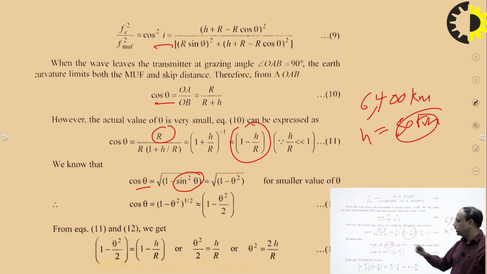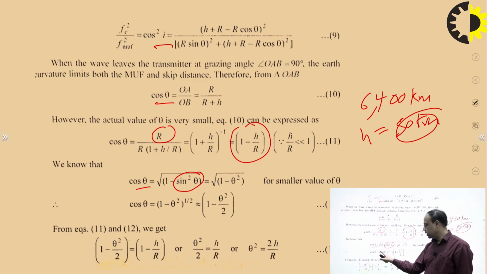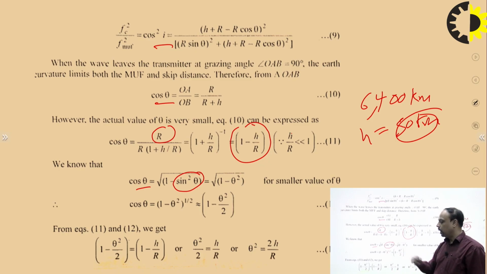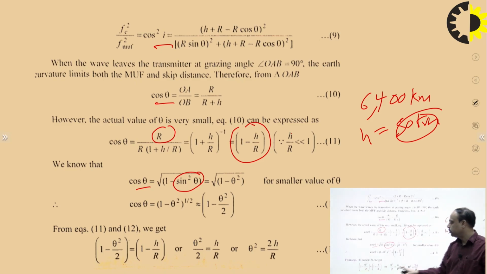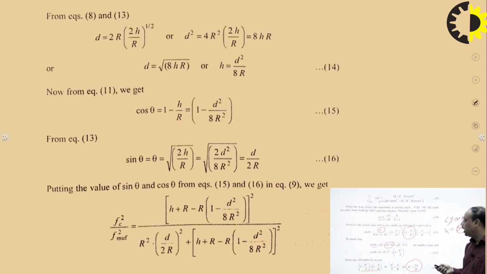So cos theta is equal to (1 minus theta square) raised to the power 1 by 2. Again theta is very small, so we can apply the binomial approximation, 1 minus theta square by 2. So this 1 minus theta square by 2, that is cos theta, is equal to 1 minus h by R. And from this equation we can calculate theta square is equal to 2h by R.